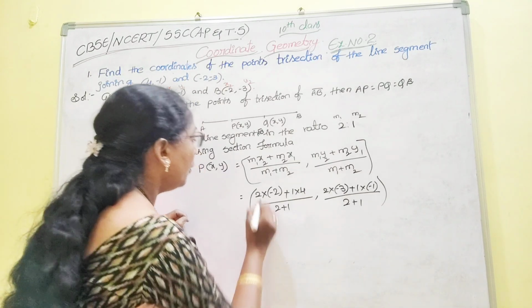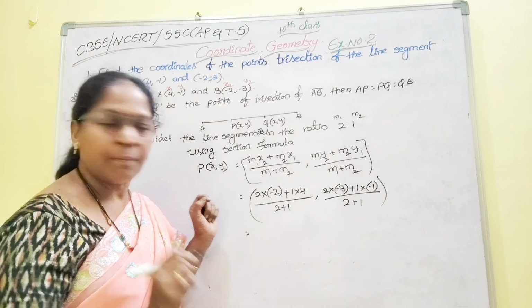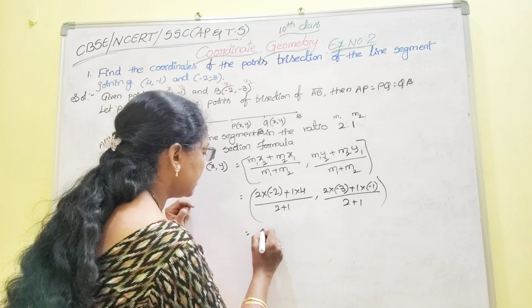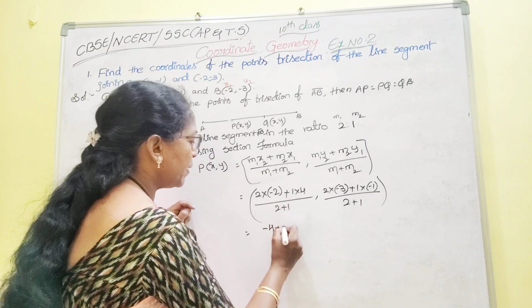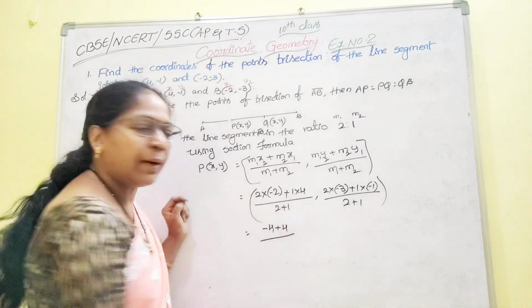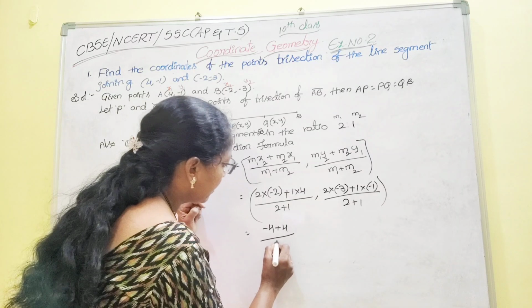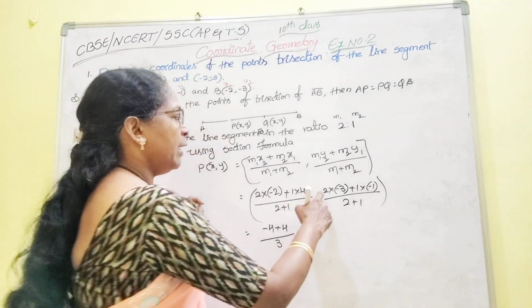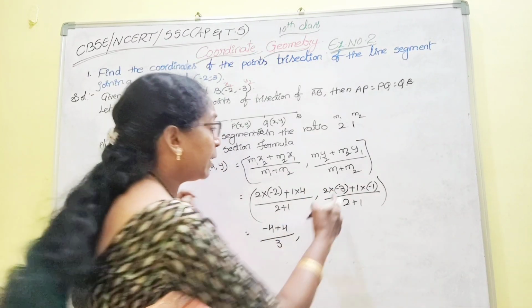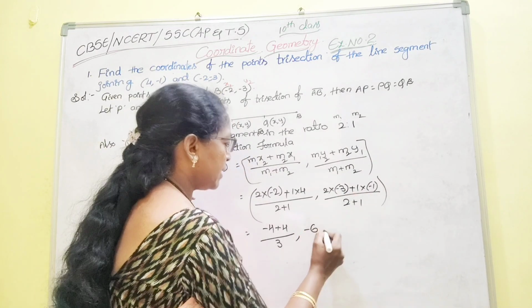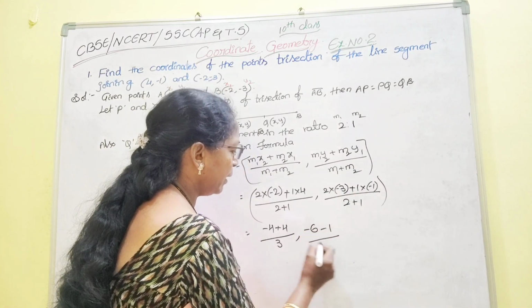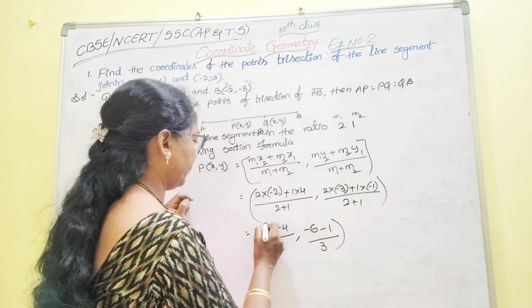Now 2 into -2 equals -4, and since there is a minus, you also write minus. Plus 1 into 4 is 4, divided by 2 plus 1 equals 3, comma, 2 into -3 is -6, and 1 into -1 is -1, divided by 3.